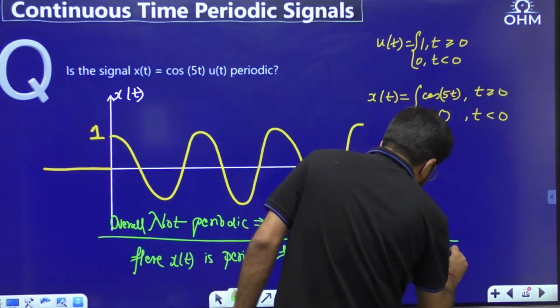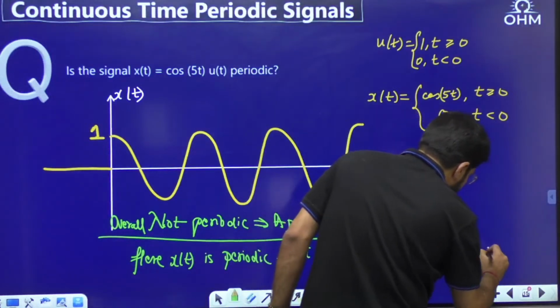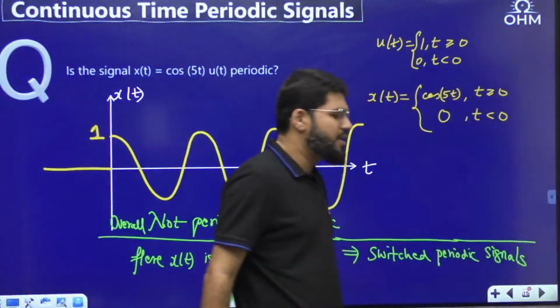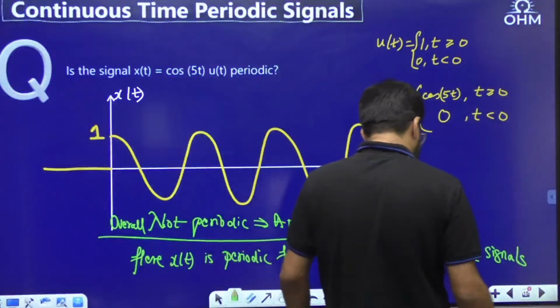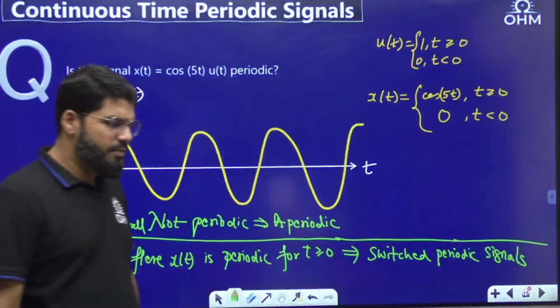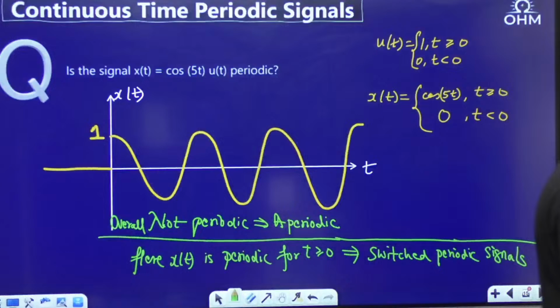Switched periodic signal. Clear, everybody?